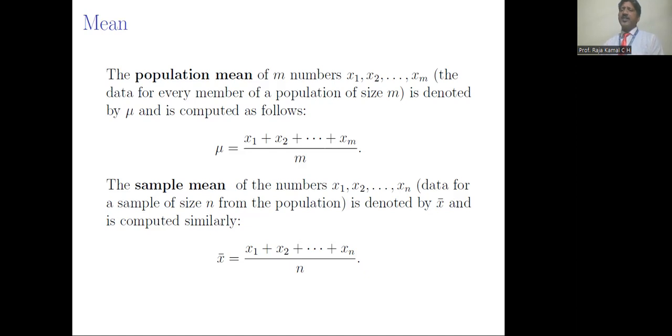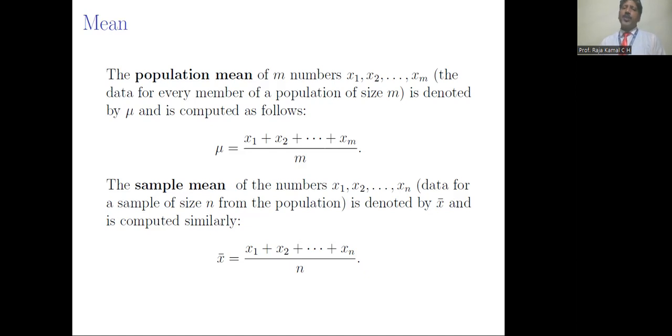If you keep this case aside and take another case, a class containing 20 students, and I want to know the average marks of the 20 students, now I need not go for a sample because the total population itself is small.